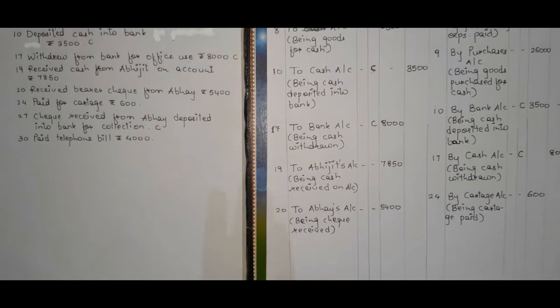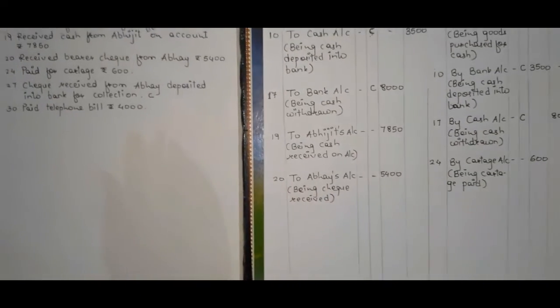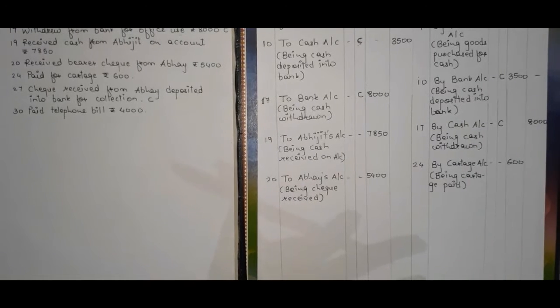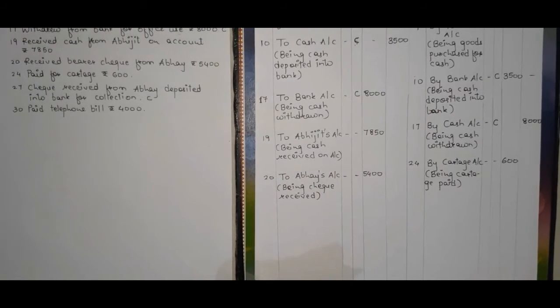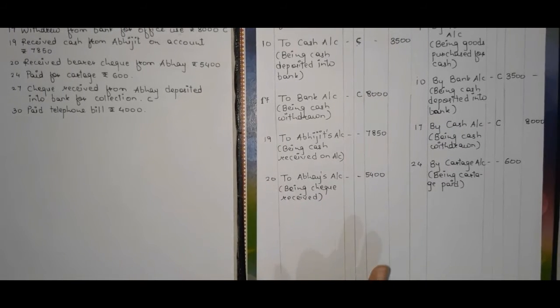The check we received on 20th, that is of 5,400, which was not yet deposited into bank for collection of the amount, on 27th it is being deposited into bank for collection, so that we can receive the amount in person or by bank.